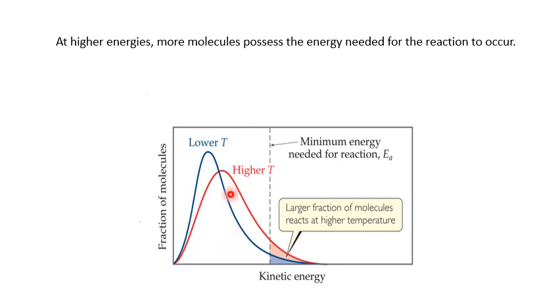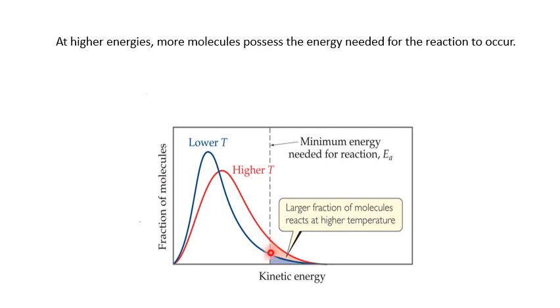For the same amount of gas, if we increase the temperature from a lower temperature to a higher temperature, for the same number of particles in the reactant mixture, what happens? We can see that at higher temperature, more molecules are energetic enough to achieve the activation energy.